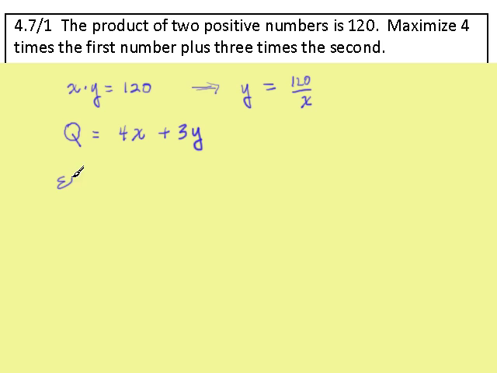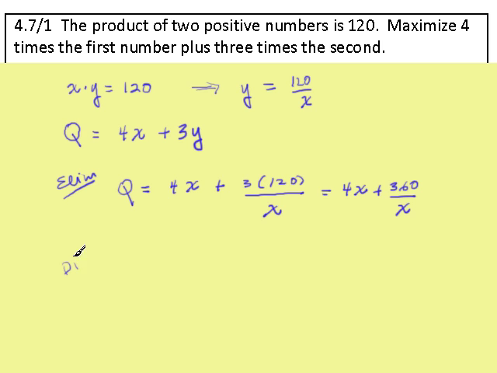So the first step is eliminate, so that we only have one variable on the right. So that would be 4x plus 3 times 120 over x. So that's 4x plus 360 over x. So that's the eliminate step.